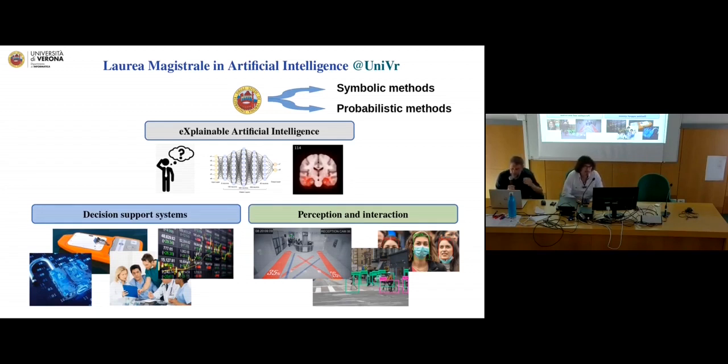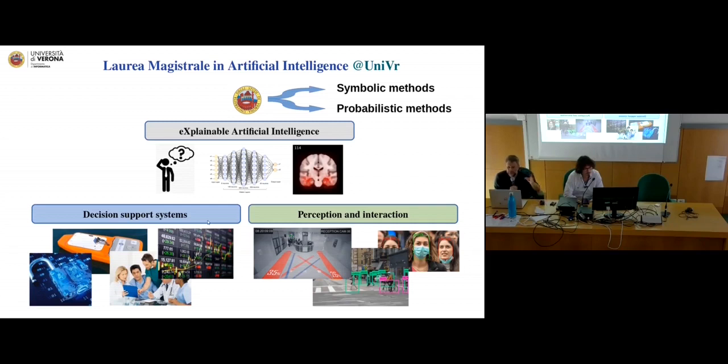So a trend now in artificial intelligence is to try to put together these two approaches and to provide methods which are both interpretable and data-driven. So this brought us to explainable artificial intelligence, which is, we said, one of the main pillars of this degree.